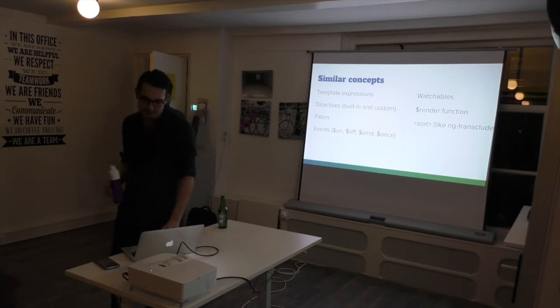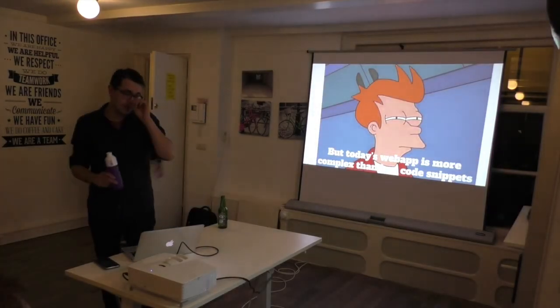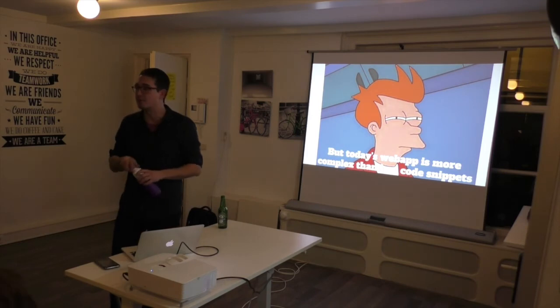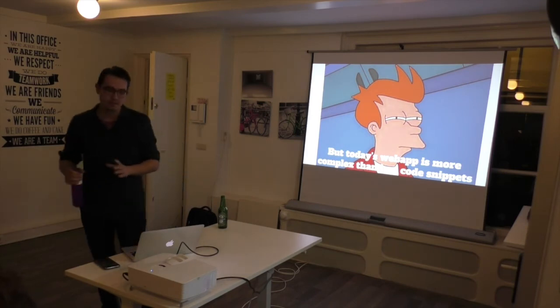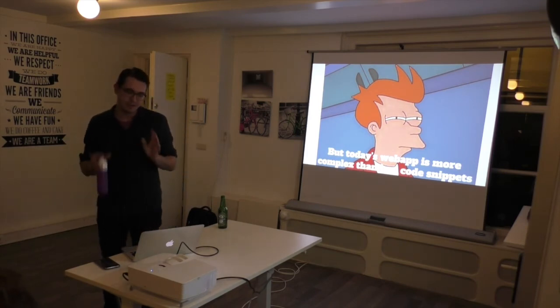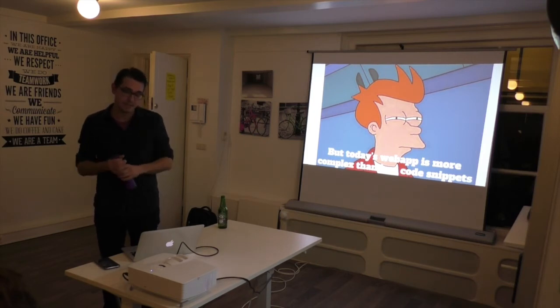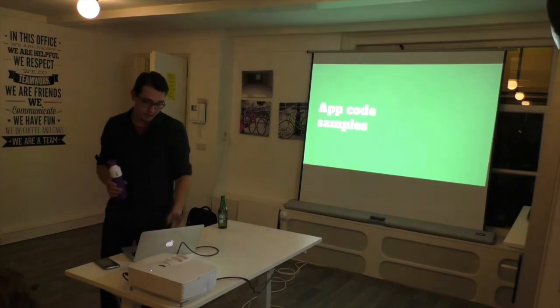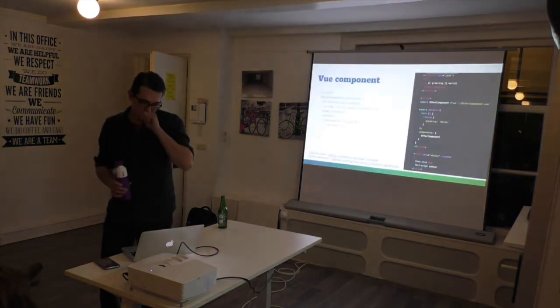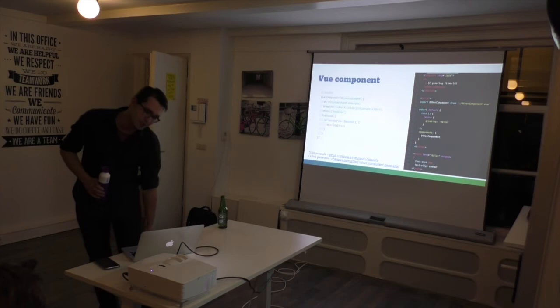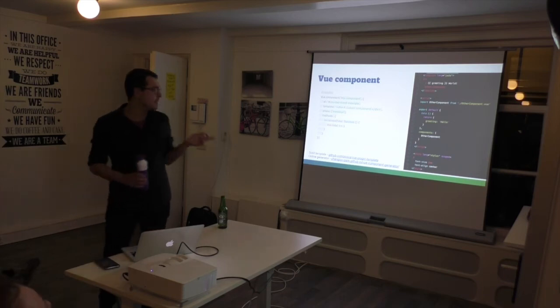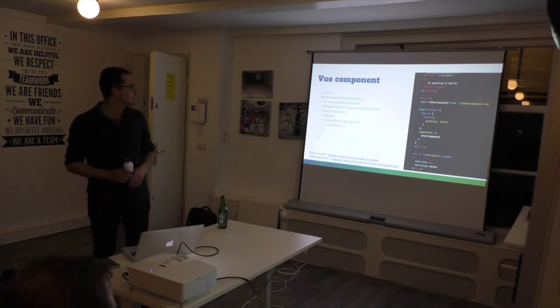So that was some parts, but you may say, okay, it's not only about those templates and components. We want really more difficult stuff, the things which are part of any application. So we'll go through that. For example, components. Here's an example of a component in Vue.